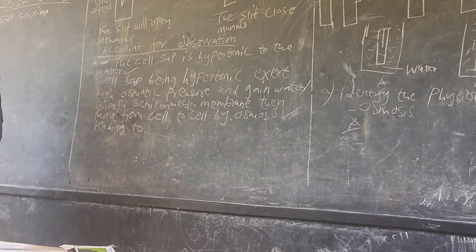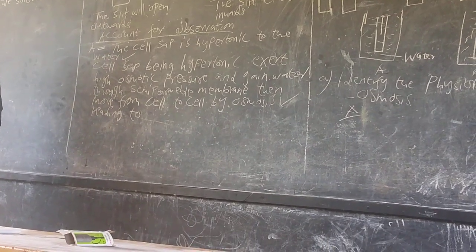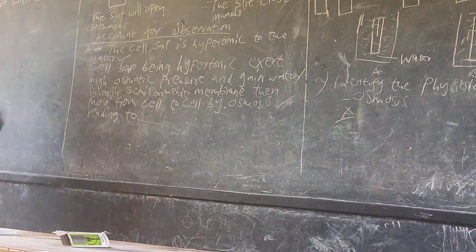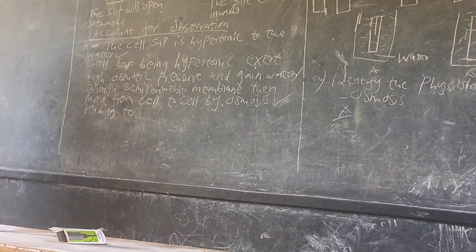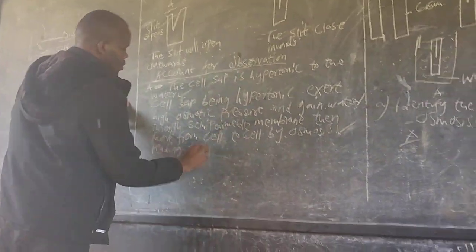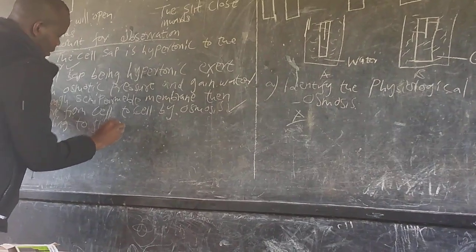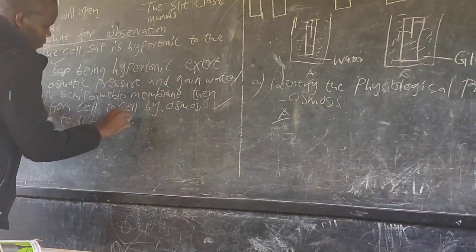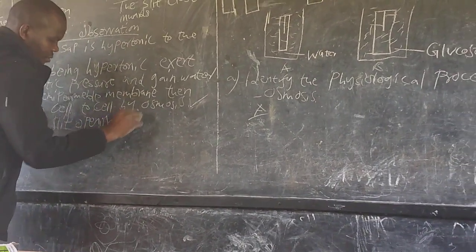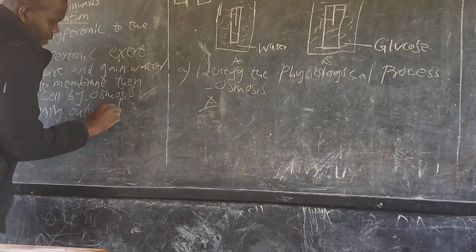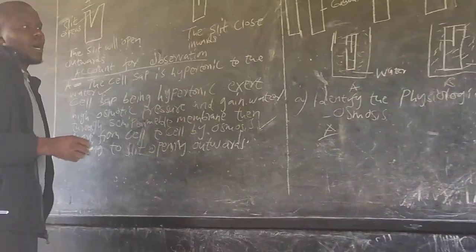Leading to what now? What's the observation in A? The slit, then what? Leading to the slit opening outwards. Opening what? Outwards. Leading to the slit opening outwards.